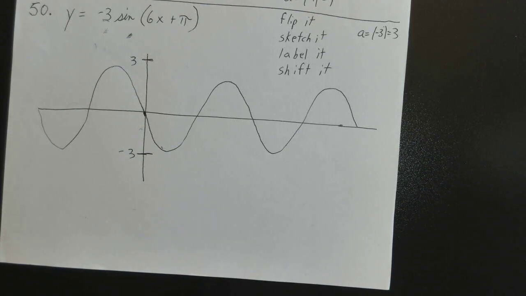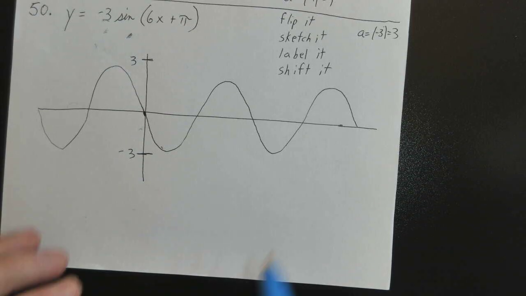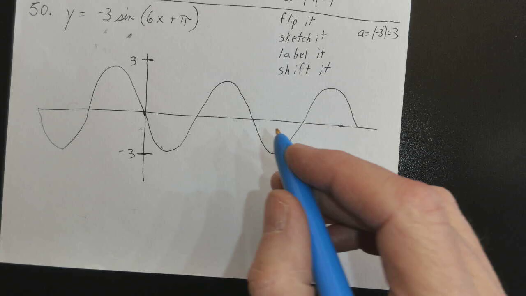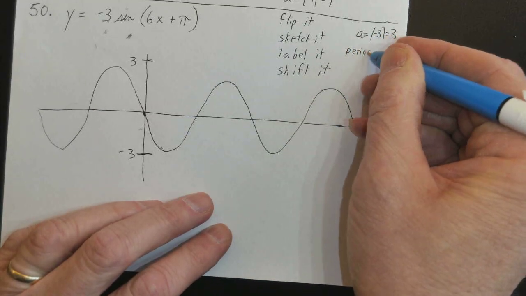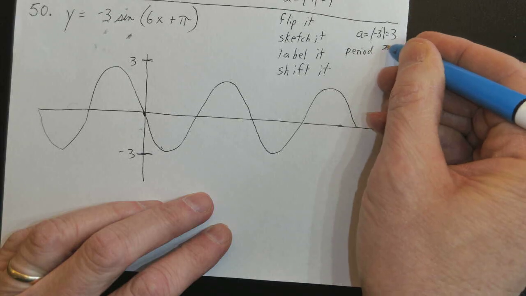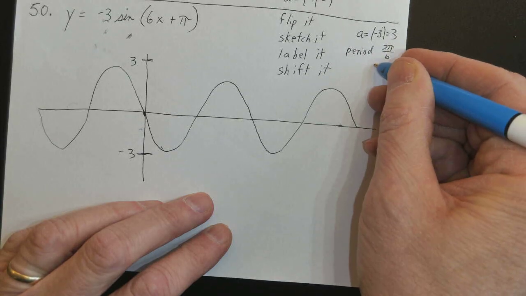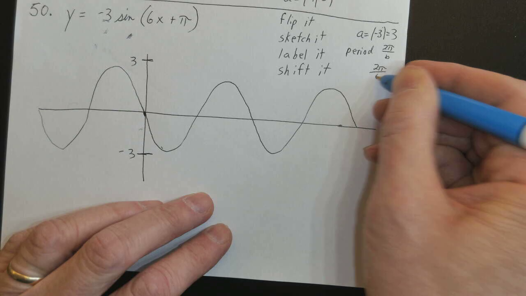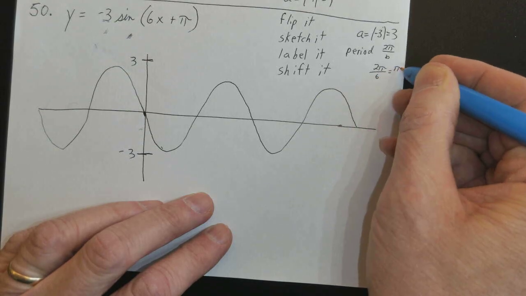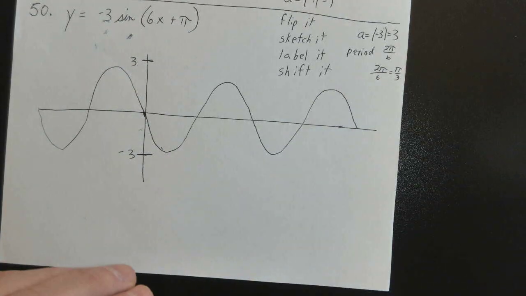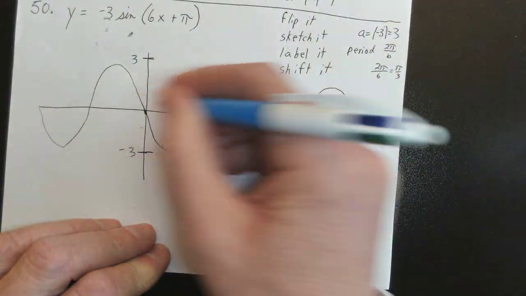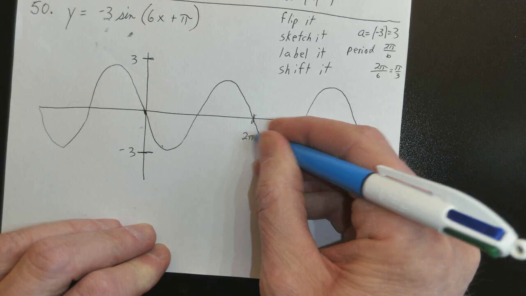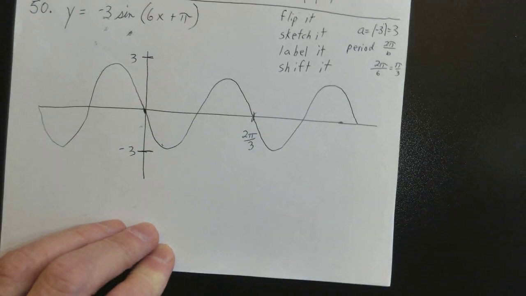And then, let's see, we need to get the period, which again is 2 pi over b. In this case, it is 2 pi over 6, which is pi over 3. Right? That's what from 0 to 2 pi over 3, that's what we have right there.